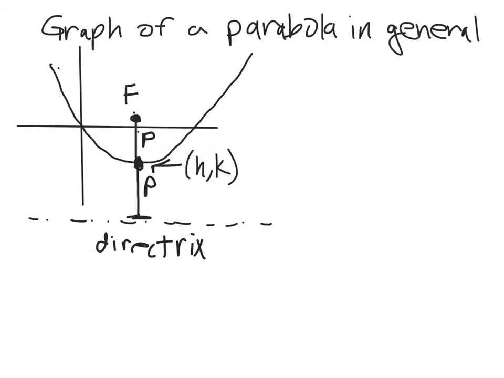Now, with the notation here, (h, k), maybe it's the (2, -1) that we looked at in our previous example, or whatever it might be, those are the coordinates of our vertex. With this parabola opening up, the focus is directly above that point, so the x value of the focus is going to be the same x value as the vertex.